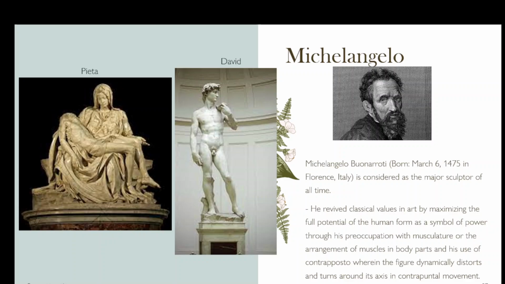Hindi lang siya basta na-maximize yung mga joints kung saan gumagalaw yung mga tao katulad nito, 'di ba? Dito sa Pieta, yung mother and child. Hindi lang basta straight na nakatayo yung tao dun sa sculpture, no? May nai-imply na movement dun sa sculpture. So ito napaka-famous nitong Pieta and David ni Michelangelo.